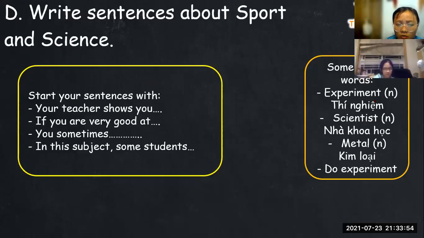So what would you match with the second sentence? If you are very good at what? If you are very good at science, in the future you can be a scientist.